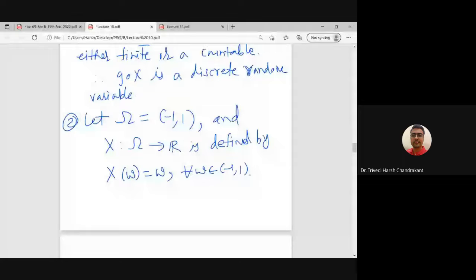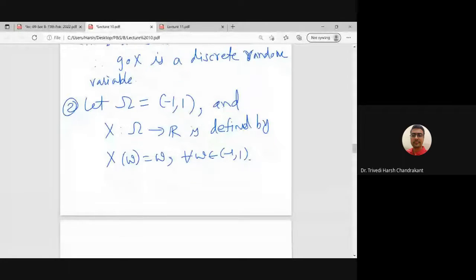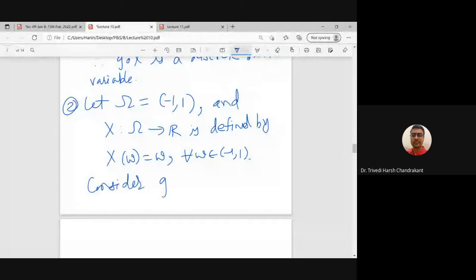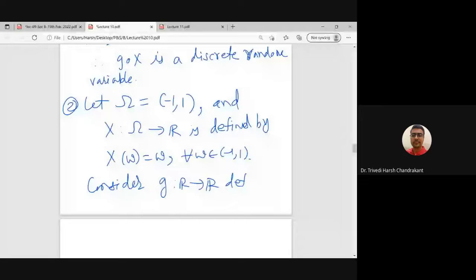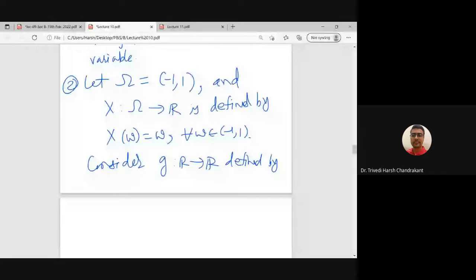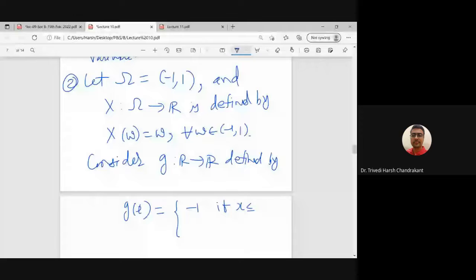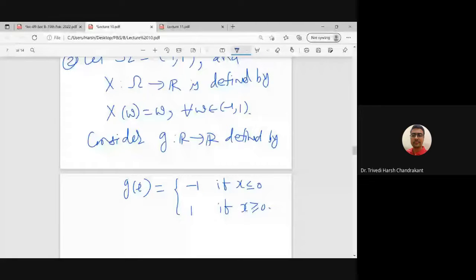For example, we can take something like the sine function. So consider the function g from R to R defined as follows, using the same idea of the sine function which takes only two values: if x is less than or equal to 0, the value is -1, and if x is greater than or equal to 0, the value is 1. So this is very similar to the sine function.